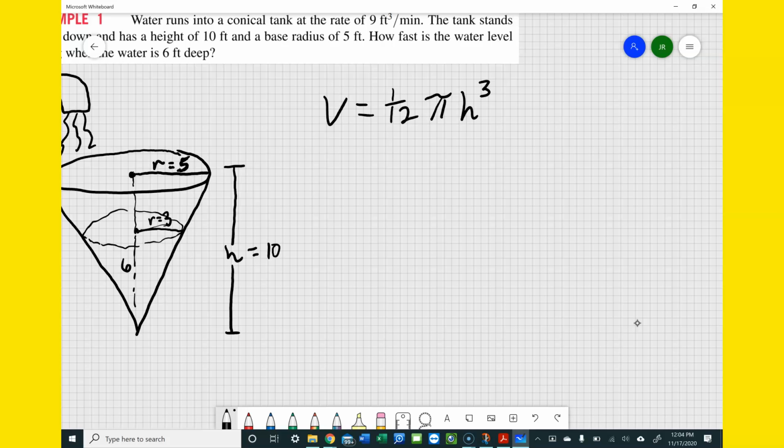So the derivative of V is just dV/dt, equals the derivative of this. You bring your 3 down in front, so it becomes 3/12, but 3/12 reduced is 1/4 pi h squared, and then dh/dt.